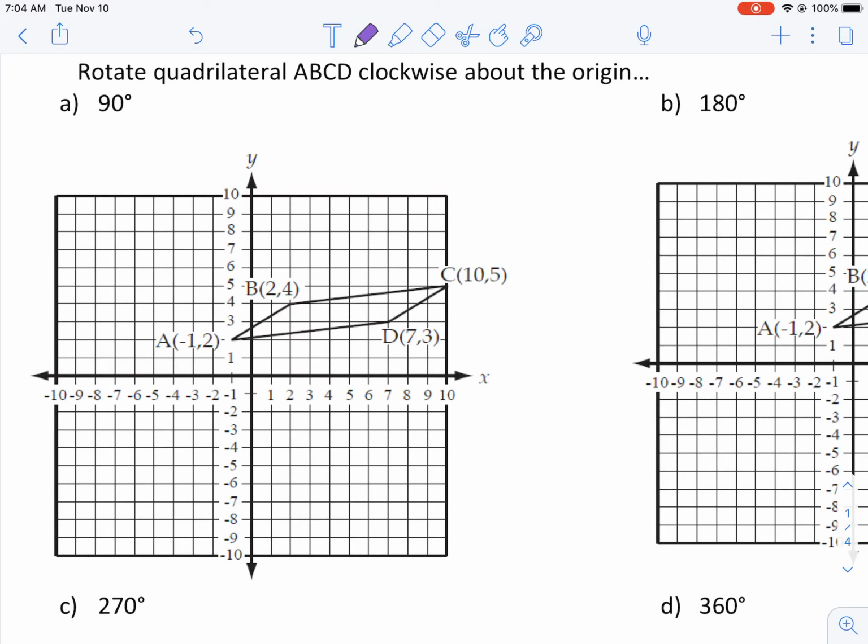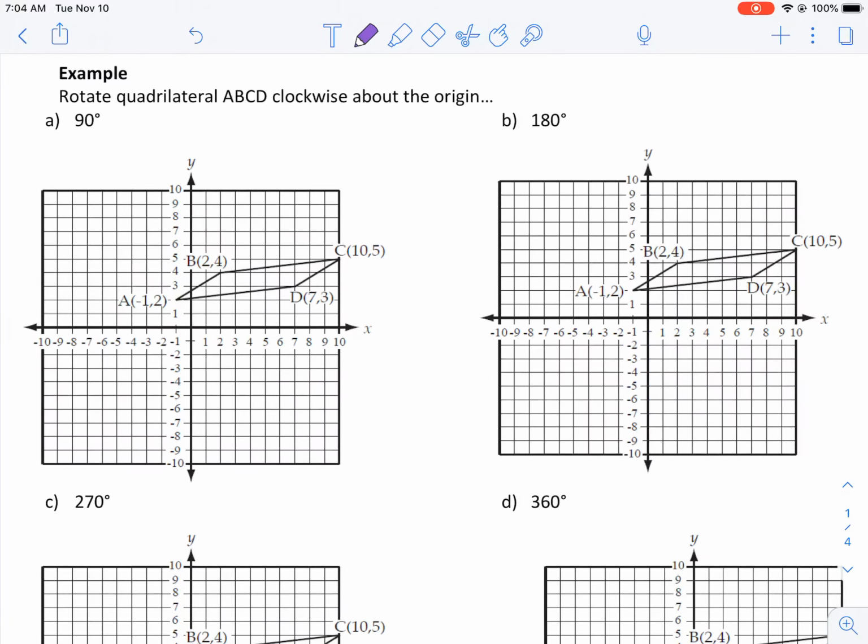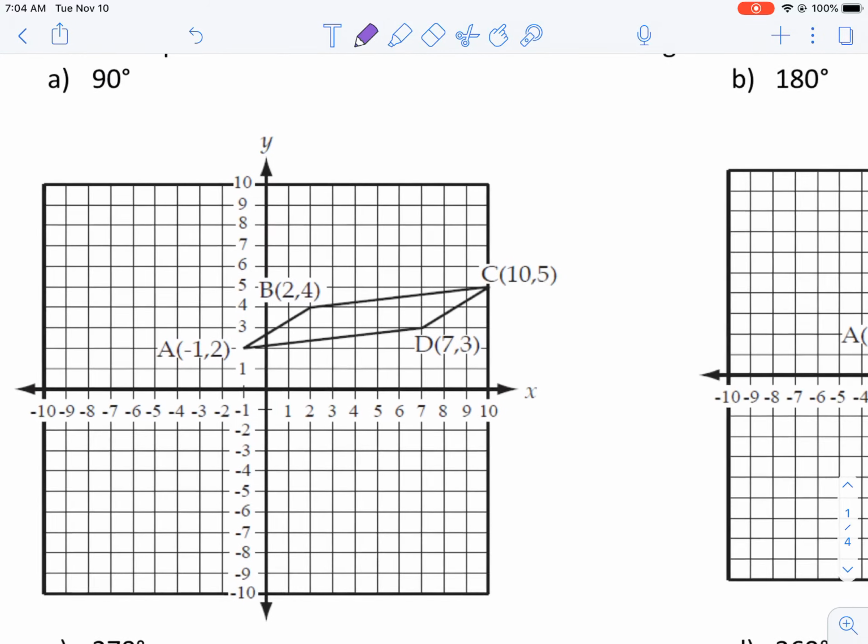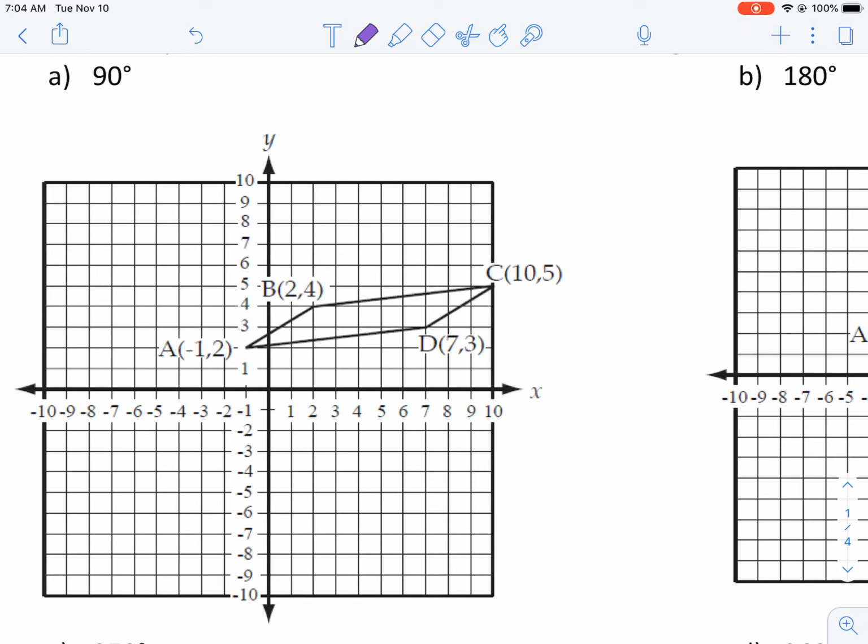Because 360 divided by 4 is 90, each time you add 90 degrees, if you notice all of these are multiples of 90, you're really changing to a new quadrant in which you're rotating. So 90 degrees would be like moving here, 180 degrees would be moving 2 quadrants, 270 would be moving 3 quadrants, and then 360 would be moving 4 quadrants, back to the quadrant you're in.